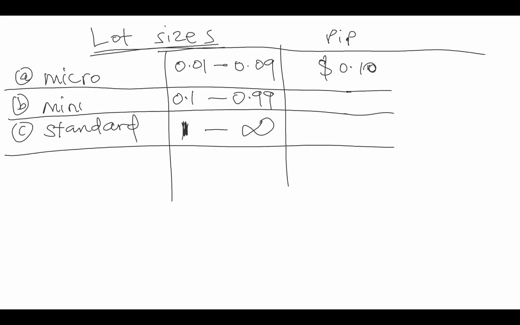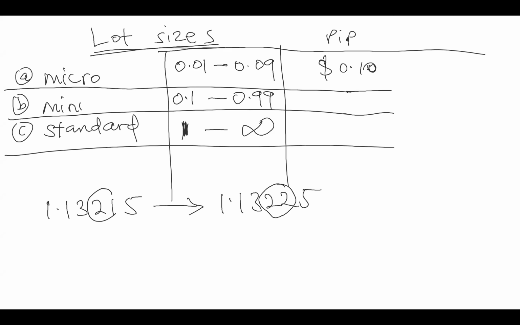Let me give you guys this example, just like we had our example 1.13215. If the market moves 1 pip to 1.13225, it moved 1 pip, an addition of plus 1 pip.